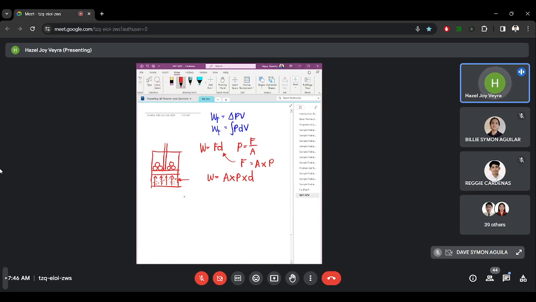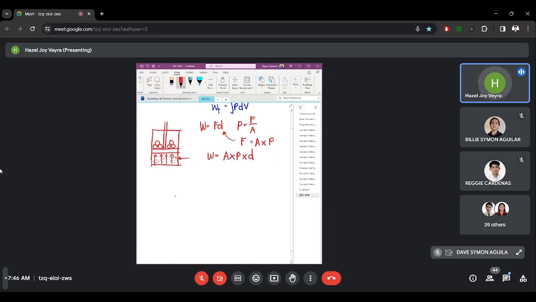So now class, let's say I removed two pebbles here. Let's say they are all the same. When I remove, for example, two pebbles, the expectation is that this piston will go up, correct?